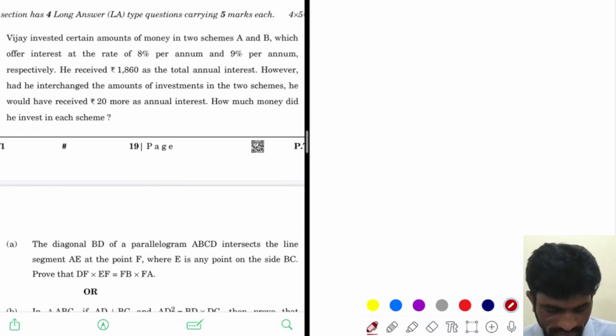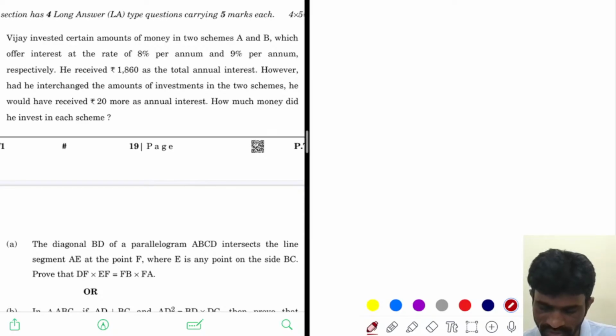Here in the 5 marks question, we have two schemes A and B. They offer interest rates of 8% and 9% per annum respectively, and he receives 1860 rupees as the total annual interest. So you should know how we find interest.